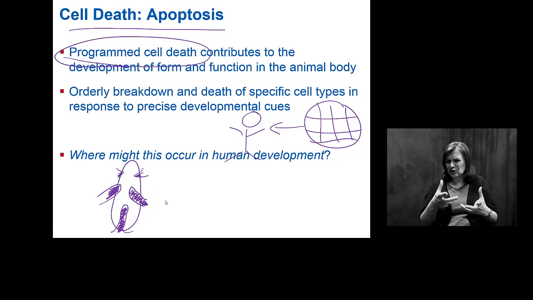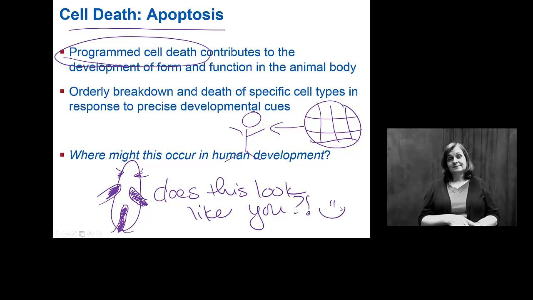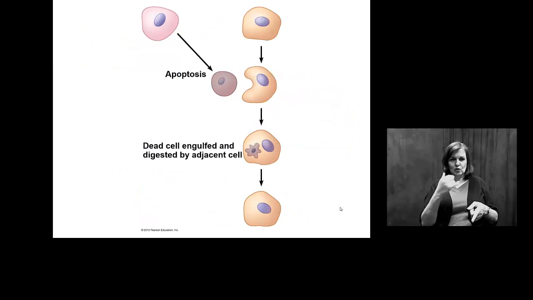This might not look a lot like you. But we're going to get to the point where that's actually what you do look like in a general sense to start out.